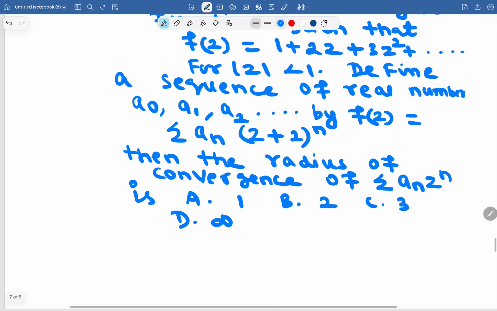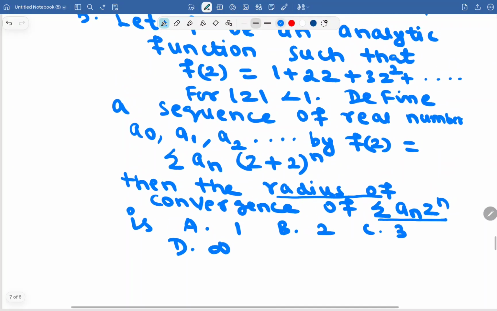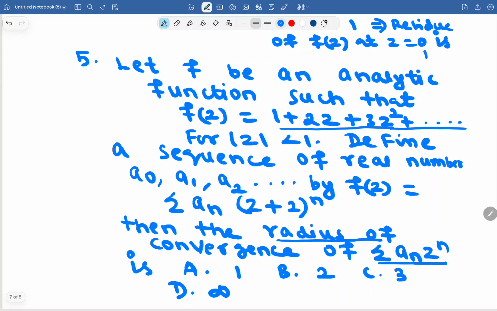See, we have to find the radius of convergence for summation an z power n, but here the function is given in the form f of z is nothing but 1 plus 2z plus 3z square plus dot dot dot, defined by f of z equivalent to summation an (z plus 2) whole power n.